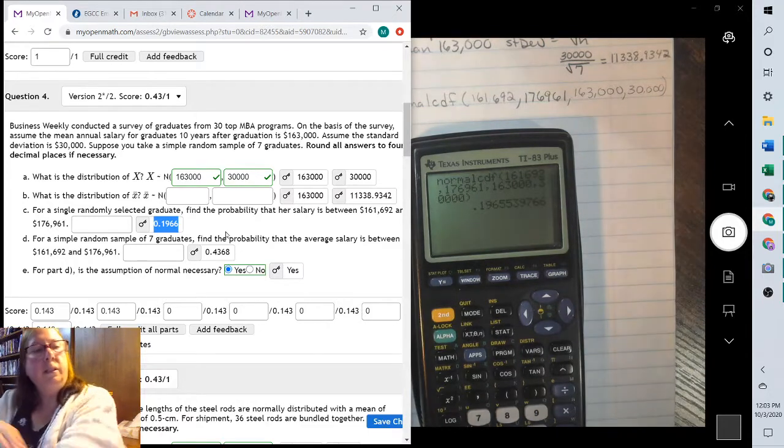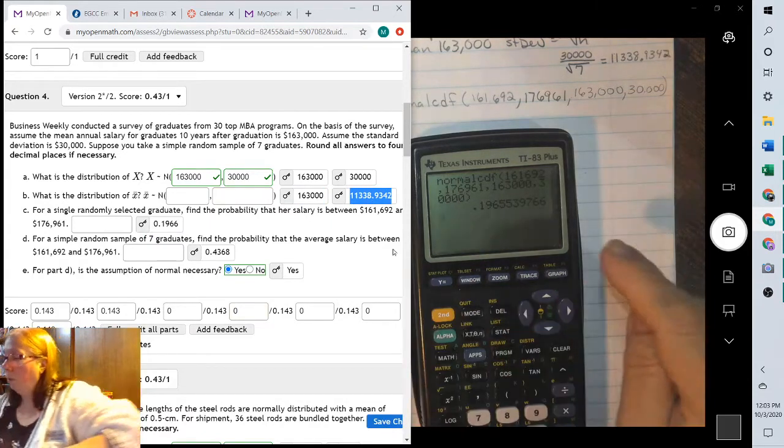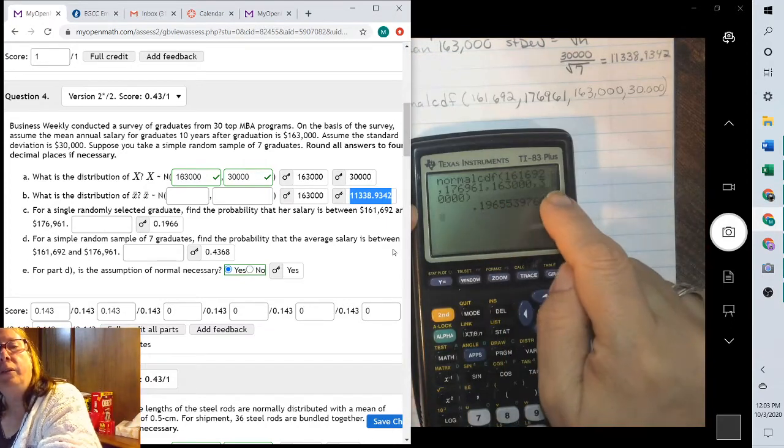Now the only thing different in part D, because we're going between the same two values, but it's the sample of 7. So it uses these. The mean will be the same, and the only thing that changes then is the standard deviation. So all our numbers will stay the same except the 30,000.